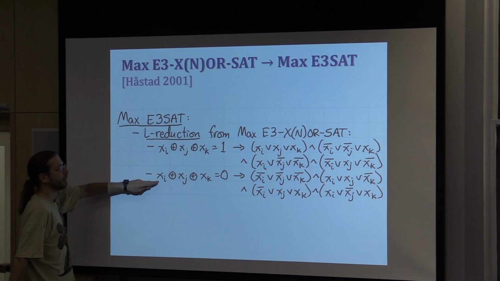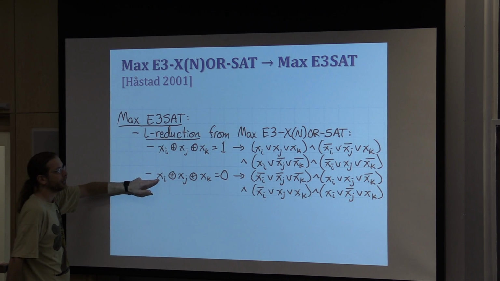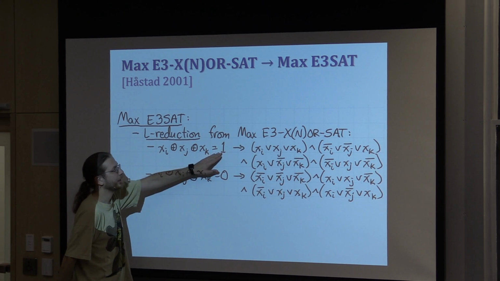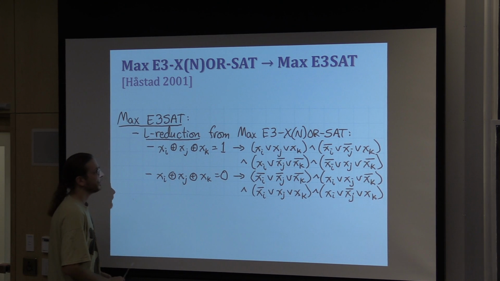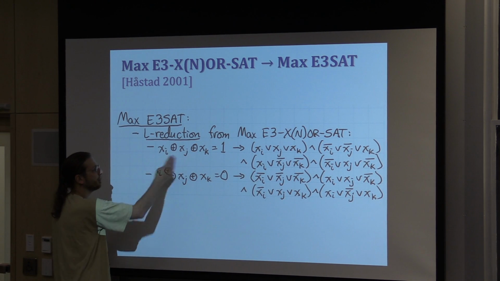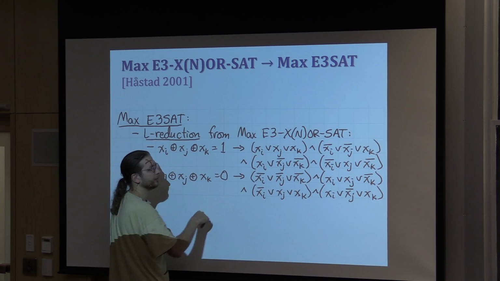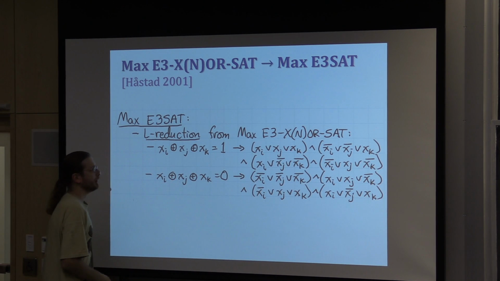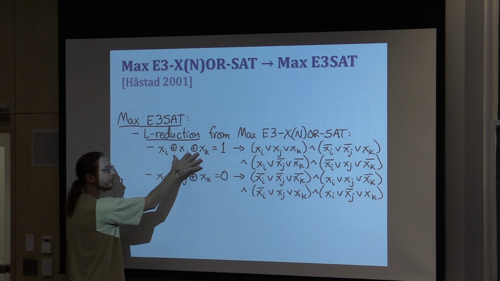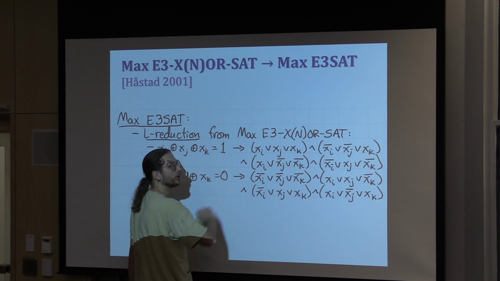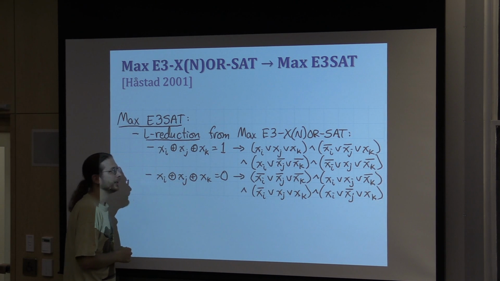Okay, so there are 2 types of equations we need to satisfy, the odd case or the even case. Again, each of these could be negated, and I'm just going to say double negate means unnegated over here. Each equation is going to be replaced with exactly 4 clauses in the E3-SAT instance.